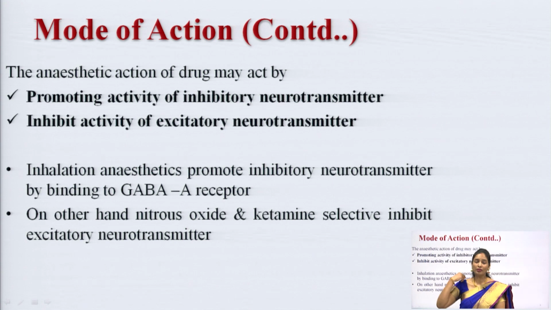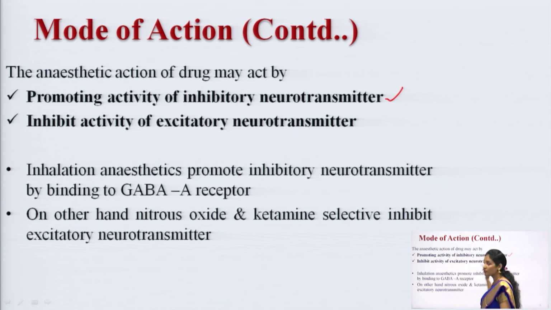Okay. So, what about these anesthetic drugs? The main mechanism of action of general anesthetic drugs focuses on two categories. One is promoting the inhibitory neurotransmitter action, or the other is inhibiting the excitatory neurotransmitter. First, you have to inhibit the excitatory neurotransmitter, because the excitatory neurotransmitter induces the pain.